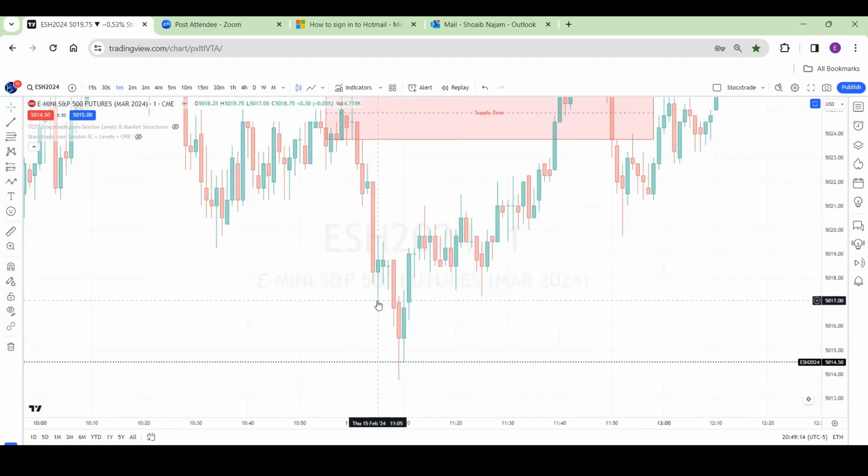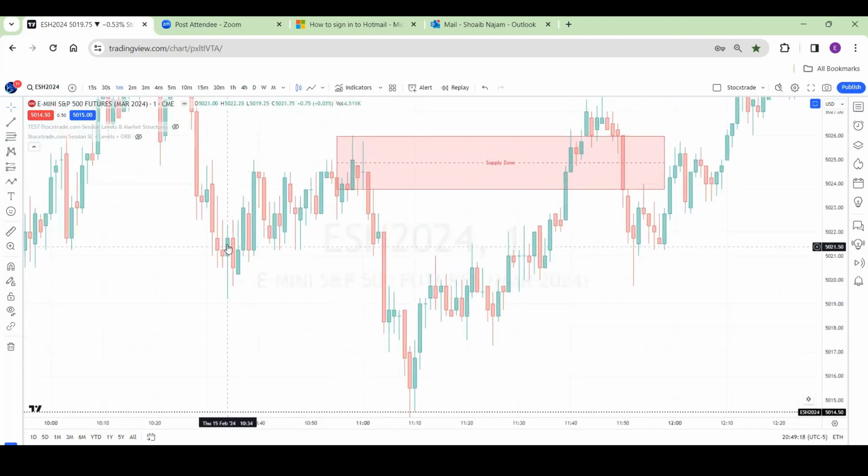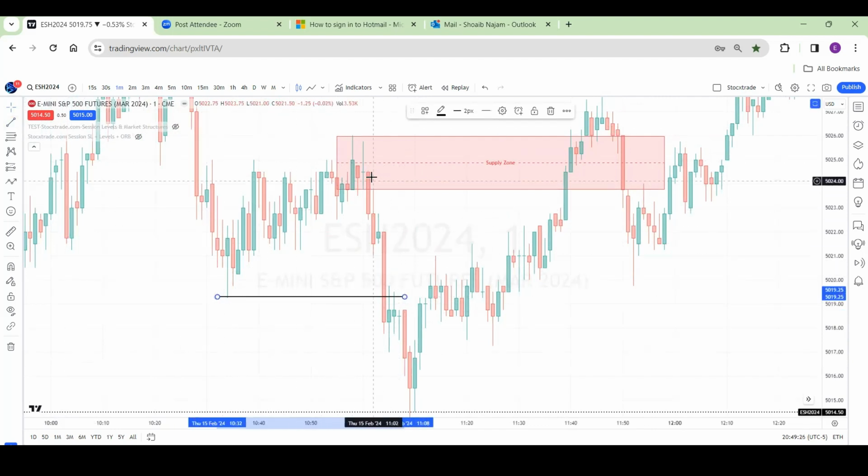this is the second last candle breaker block. This was the demand zone. This was the last demand zone before the price broke with the impulsive move. So this demand zone is not dead.